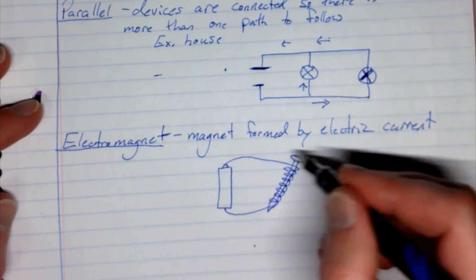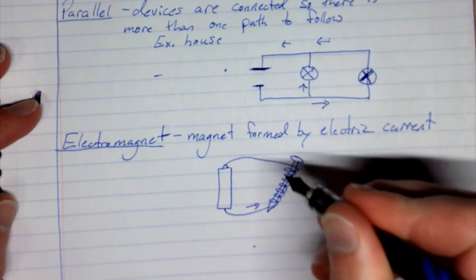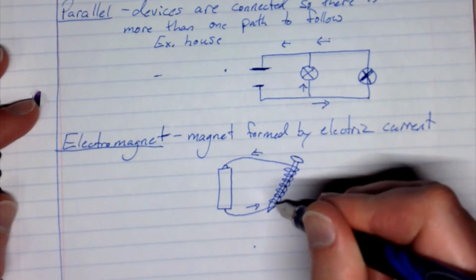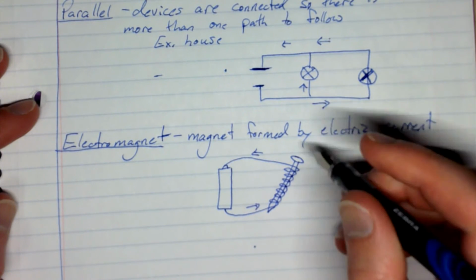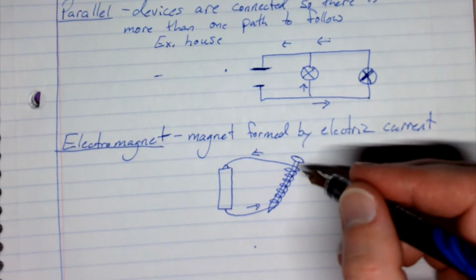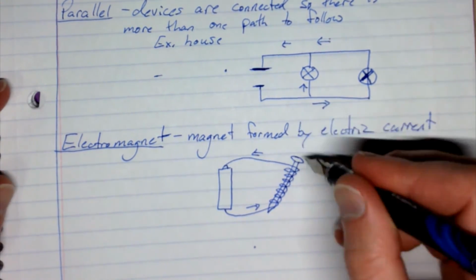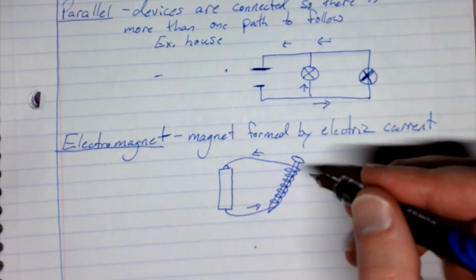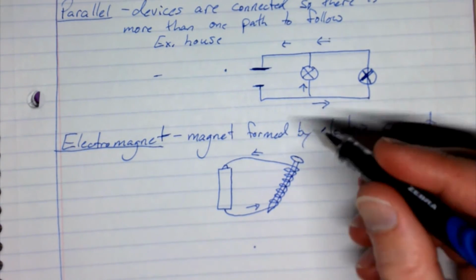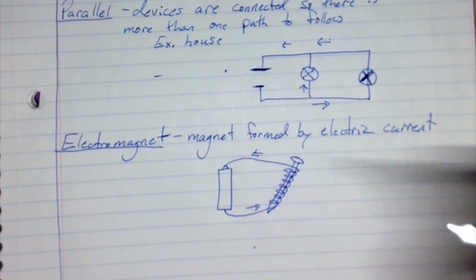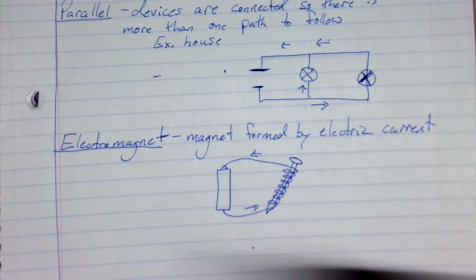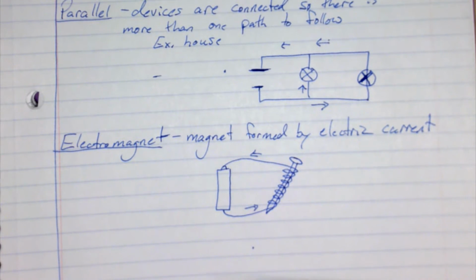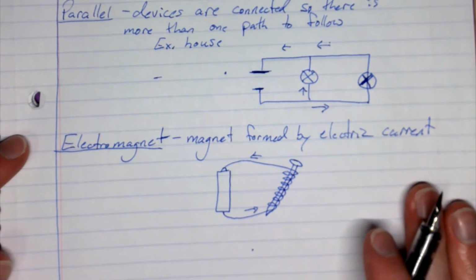So it's negative to positive, and that causes these curls, these turns, to give it a magnetic field. And so we'll have the magnetic field lines, which we don't know anything about yet because we didn't talk about it, but they would go out the top and bottom. And you can pick up paper clips and stuff, or car parts. Alright, so an electromagnet's pretty cool.